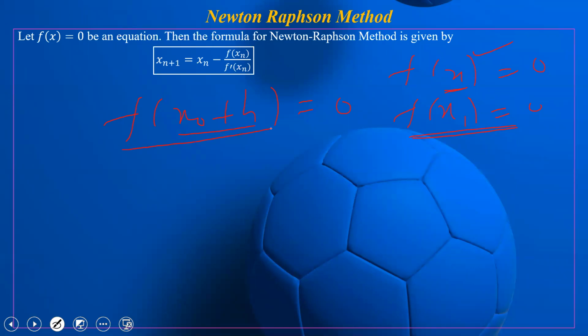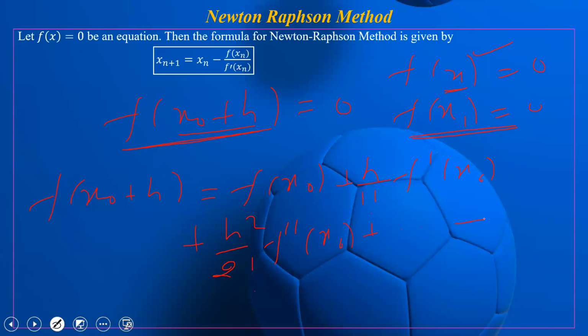Now let us expand f(x0 + h) by Taylor's theorem. What is Taylor's theorem? f(x0 + h) = f(x0) + (h/1!) f'(x0) + (h^2/2!) f''(x0) and so on.